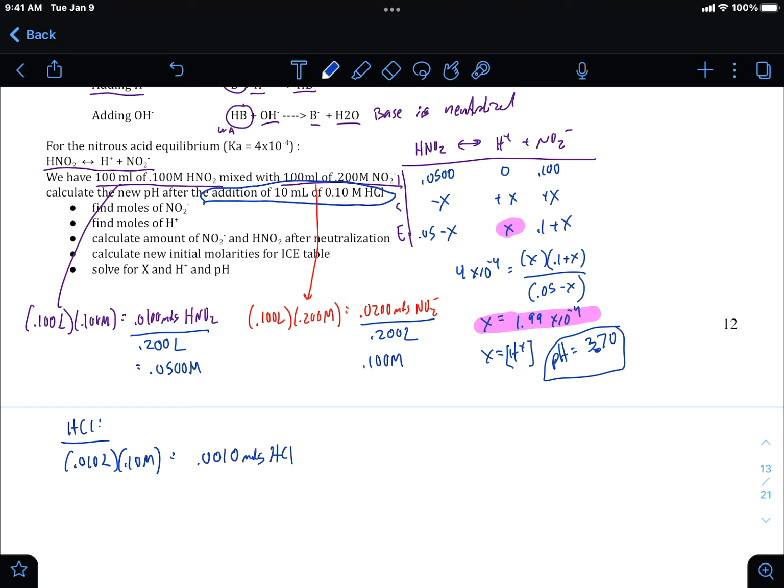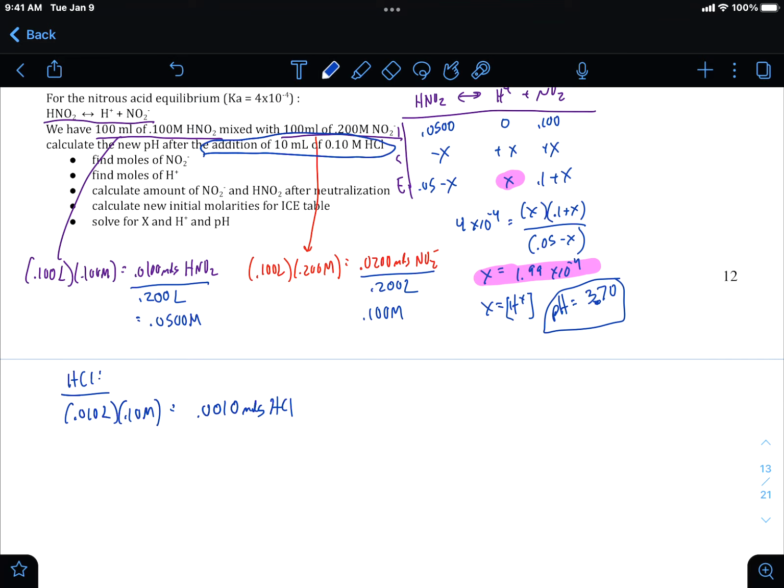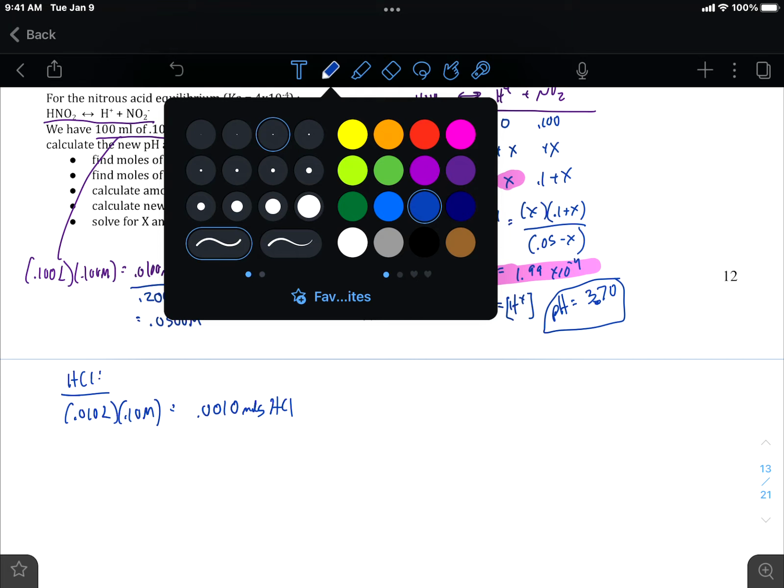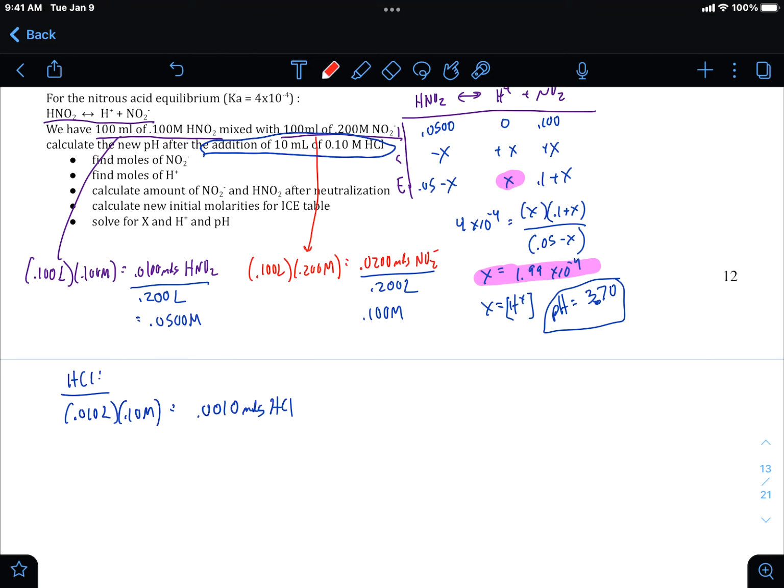Okay, and this is where it can kind of get tricky. Whenever you add an acid or a base to a buffer, you always need to refer back to the original number of moles that you calculated for both species. So, for example, what was the original amount of moles that we calculated for HNO2?